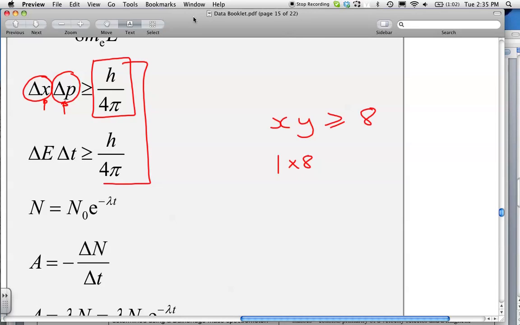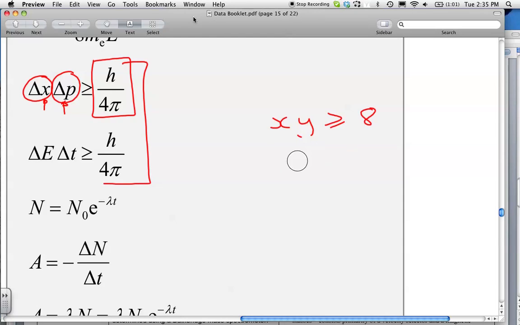If x is equal to, say, 0.5, then y would have to be at least 16 to equal 8, let alone be greater. With 0.1 for x, y would have to be at least 80. So as the one gets smaller, the other one has to get bigger. And conversely, if we made y smaller, x would become bigger.